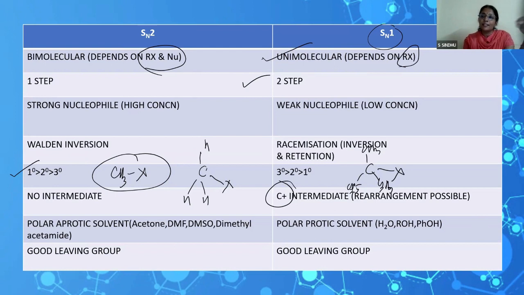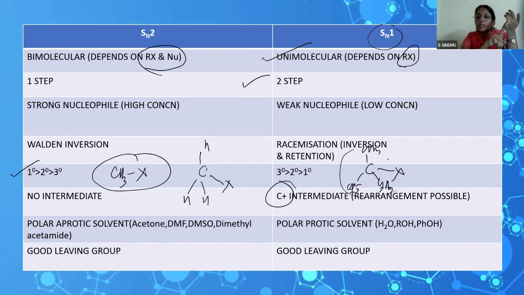Tertiary is a carbon connected to three other carbons, secondary a carbon connected to two carbons, one hydrogen. Methyl also comes under primary, but we sometimes specifically say methyl. So methyl chloride we can also consider as primary. So here no intermediate.